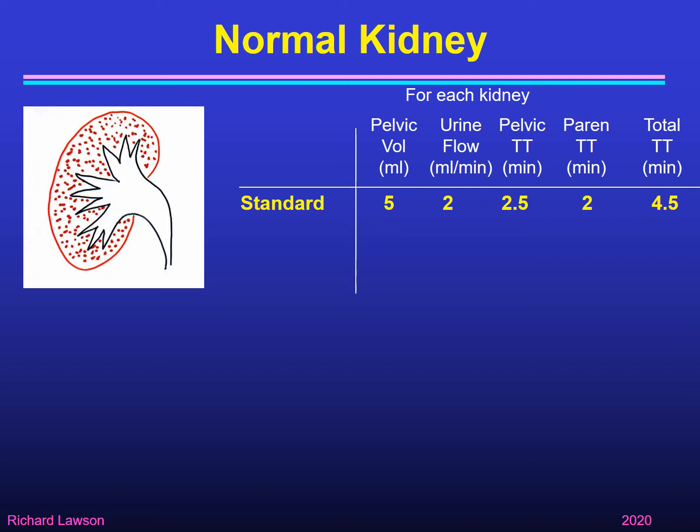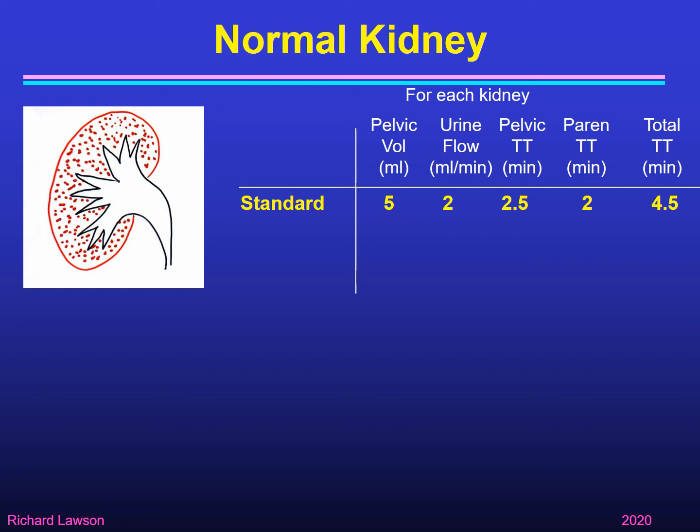So the pelvic transit time, 2.5 minutes, is got by dividing the volume by the flow. 5/2 is 2.5 minutes for tracer to go through the renal pelvis. The normal parenchymal transit time, I said, was about 2 minutes, so the total transit time, which is the pelvis plus the parenchyma, is 4.5 minutes.